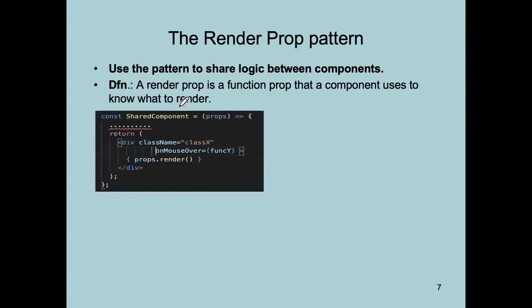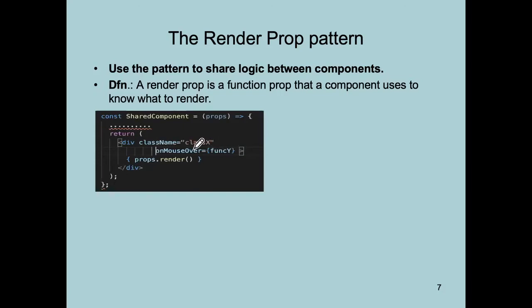Here's a very simple, kind of useless example. In this component here, I'm calling the shared component. So the name tells you this is the child in our parent-child relationship. And okay, it has some logic in there, which we don't really care about. This is what it renders. So it has a div that has a mouse over event handler associated with it.